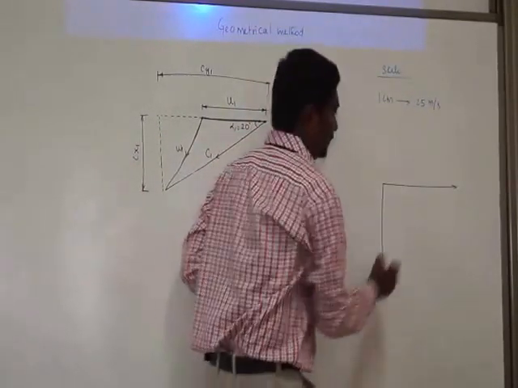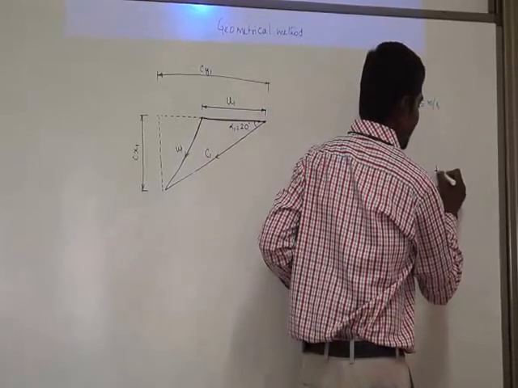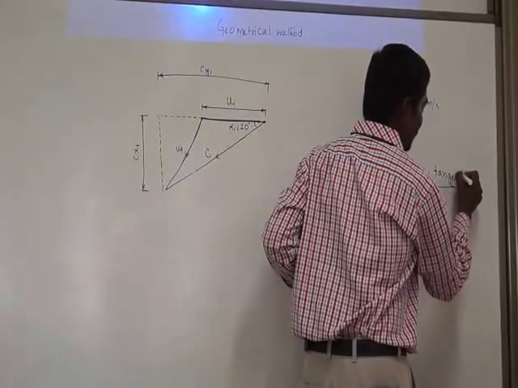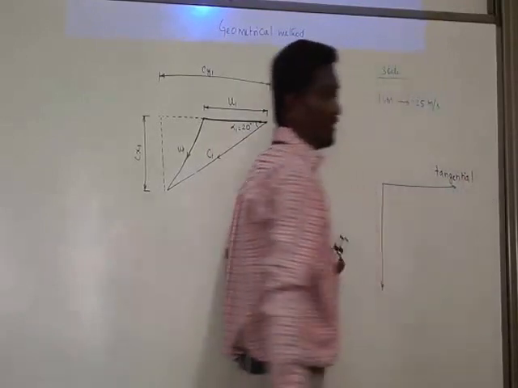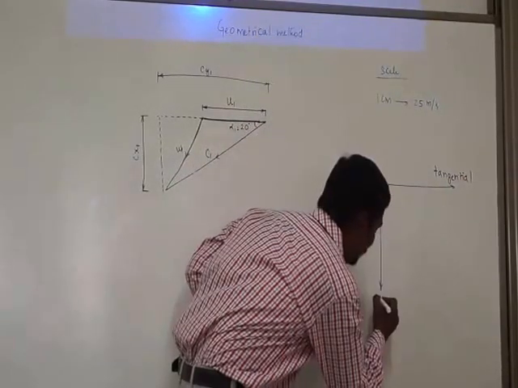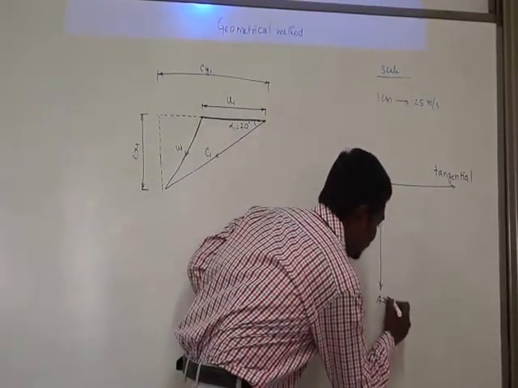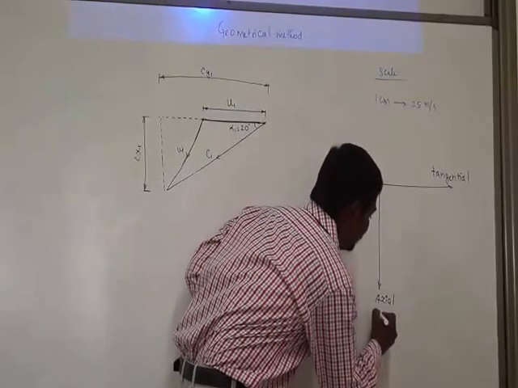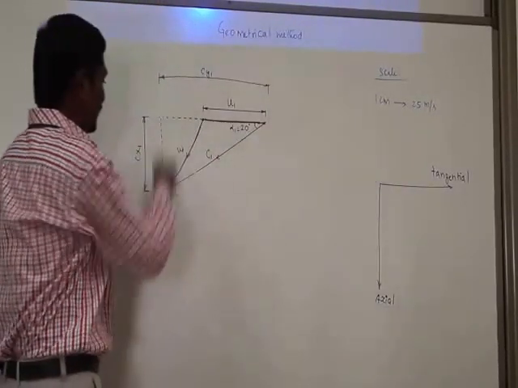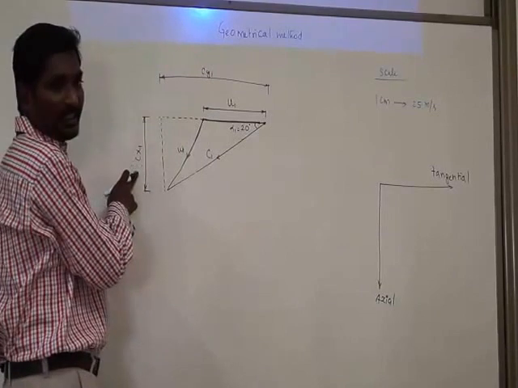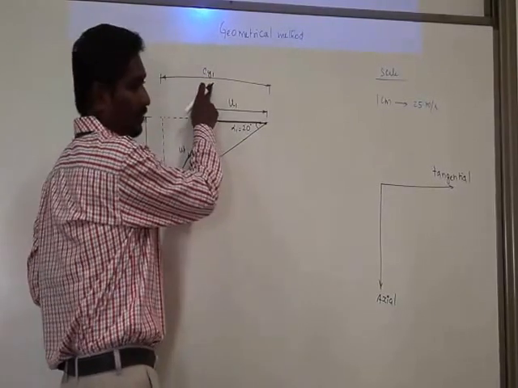This direction represents the tangential direction, and the flow along this direction represents the axial direction. So this is Cx1, and tangential is Cy1.